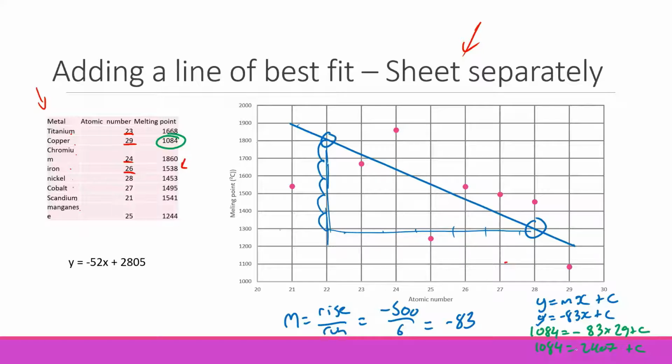So that gives me my final answer of c equals 1323. So my final answer is y equals negative 83x plus 1323. And that's what I calculated using my line of best fit.